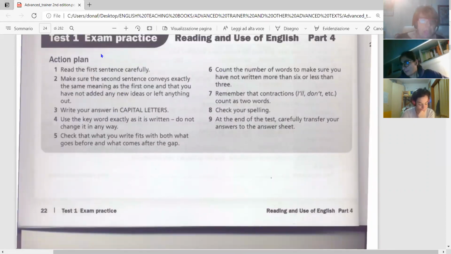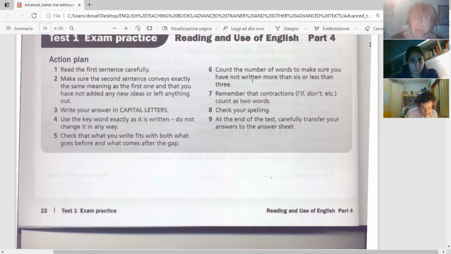Okay, so make sure the second sentence conveys exactly the same meaning as the first one, and that you have not added any new ideas or left anything out. Write your answer in capital letters. Use the keyword exactly as it is written. Do not change it in any way. Check that it fits with both what goes before and what comes after the gap, as usual.